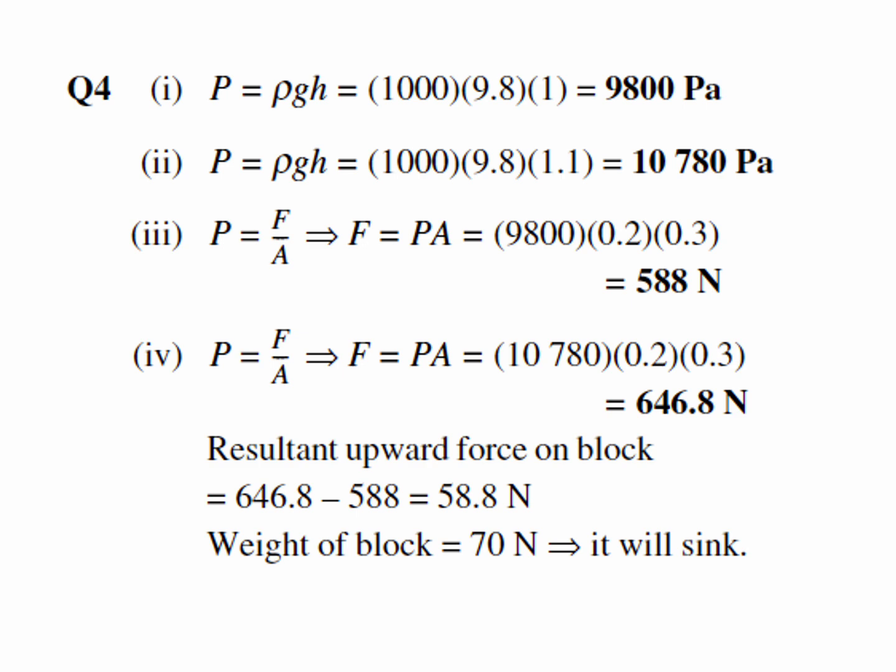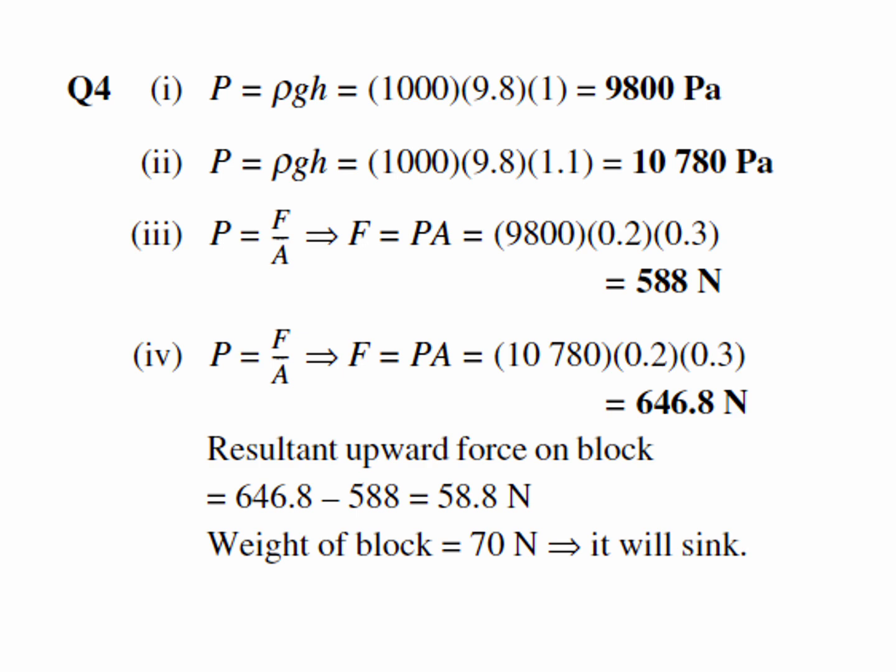Then, having calculated the pressure in pascals, parts 3 and 4 were following on from that, where you were being asked to calculate the force on the upper surface of the block due to the water and the force on the lower surface due to the water. So using your formula being pressure being force over area, you had to rearrange that to get the force being pressure multiplied by area. So the area was the same on the upper surface and the lower surface, only they were at different depths.